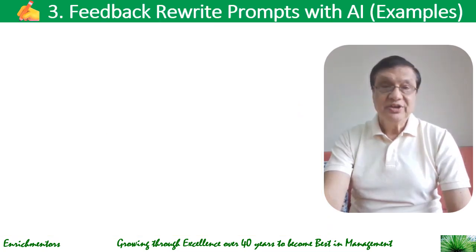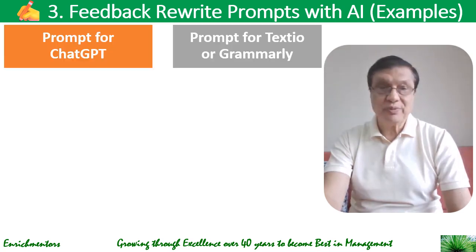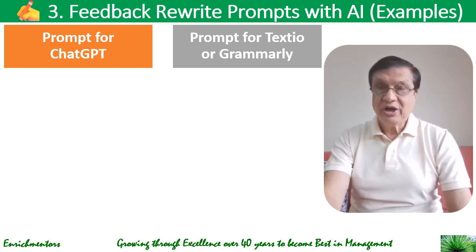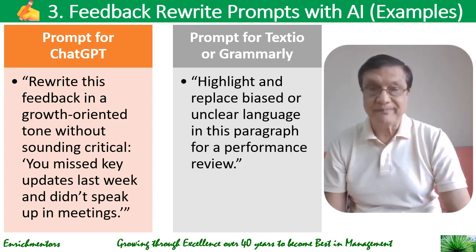Right. Then you need to get into feedback rewriting prompts with AI. Let's take a look at some examples of these prompts. Prompts for ChatGPT could be, and then we will look at prompts for Textio and Grammarly. For ChatGPT, you can say, rewrite this feedback in a growth-oriented tone without sounding critical.